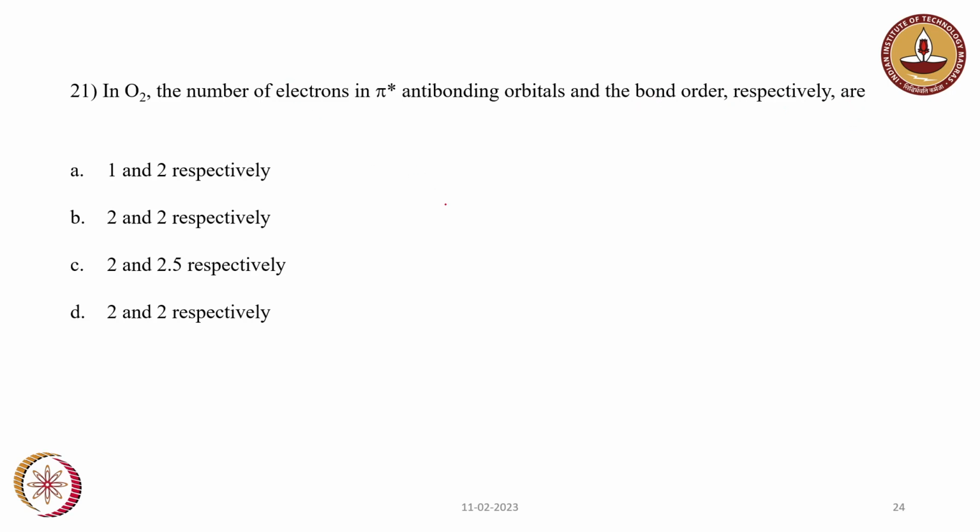So O2 has 12 valence electrons. One oxygen is 2s2, 2p4.